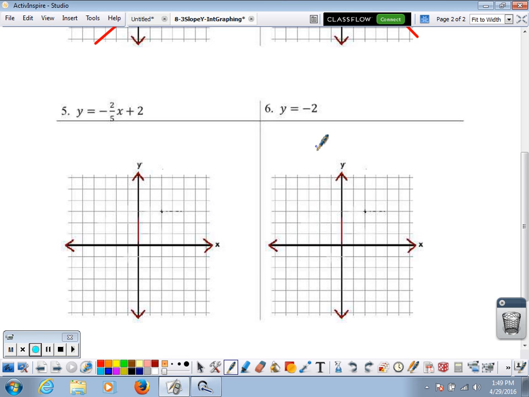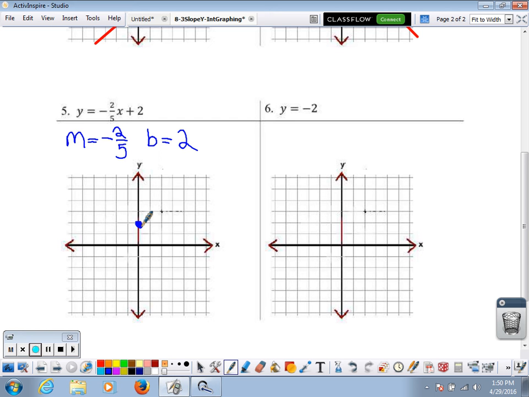All right, so let's see. Hannah, can I get you to put your work up for number 5, please? Okay, keep writing. I'm just going to talk, okay? So she has m is -2/5 and b is +2.